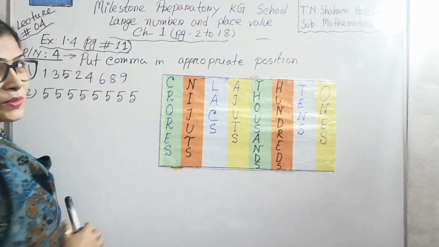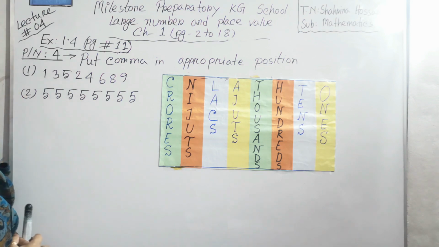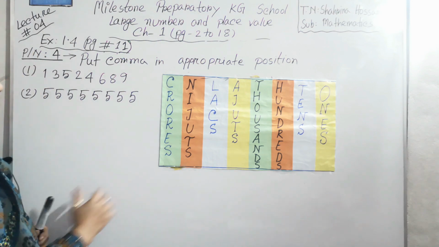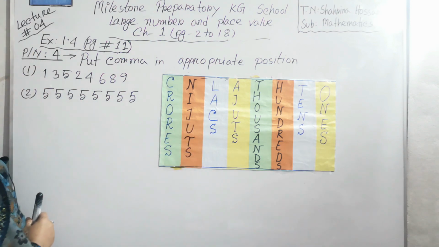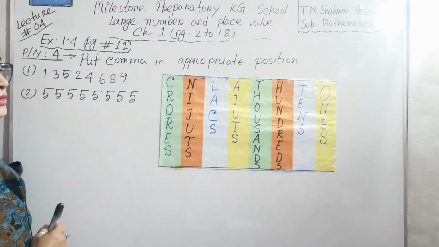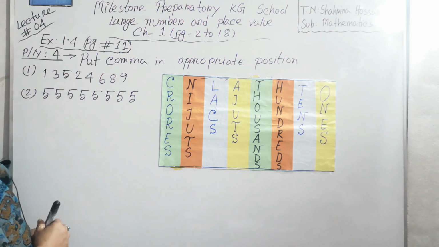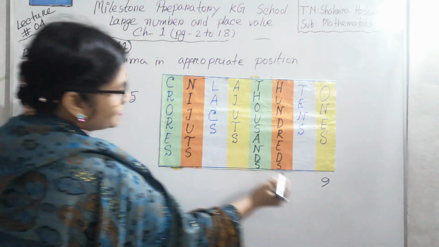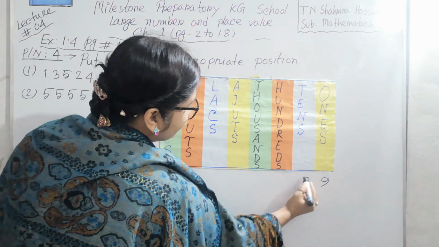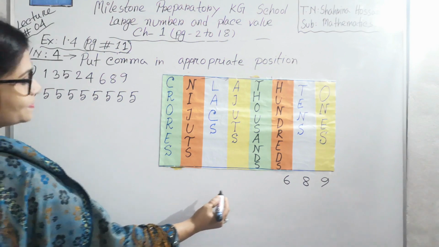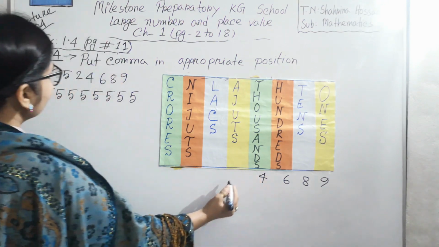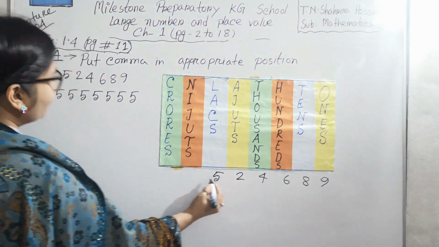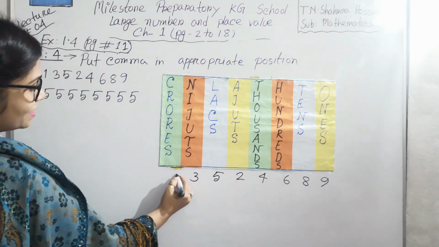This is the place value line. At first we put the comma from the right side, because we know place value we read from the right side. 9, 8, 6, 4, 2, 5, 3, 1.